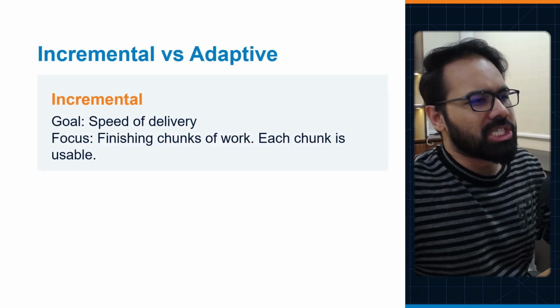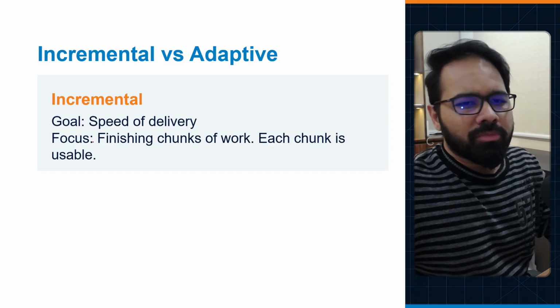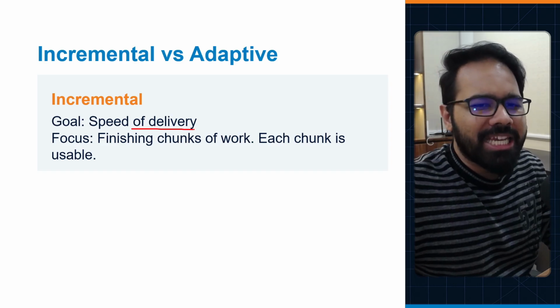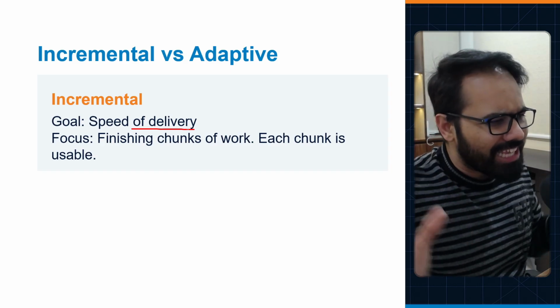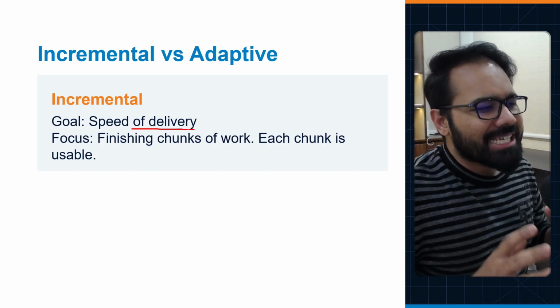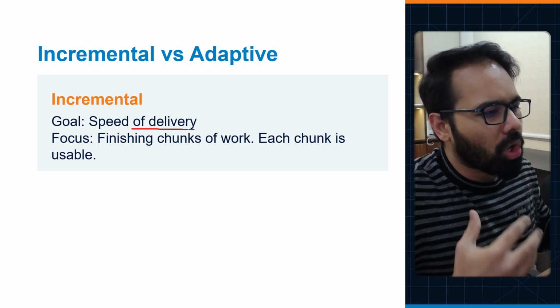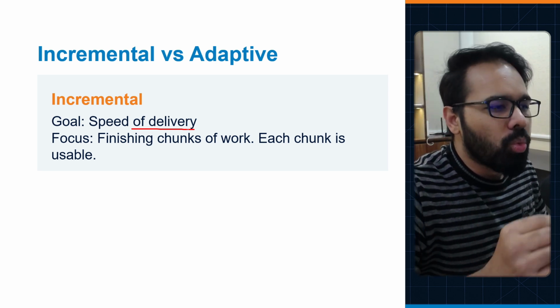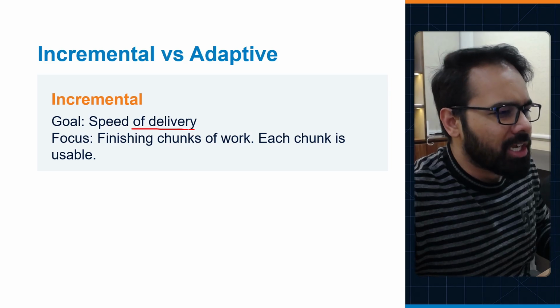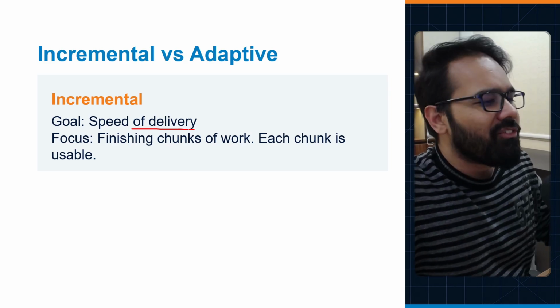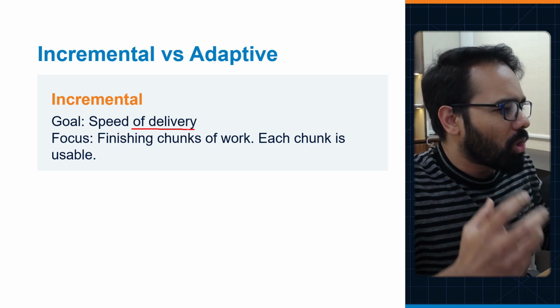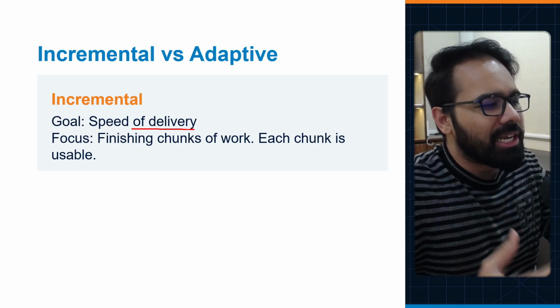Incremental versus adaptive. Now, with incremental, the goal here is speed of delivery. You can think of incremental as a strategy for delivery. You mostly know what you need to build, but you want to get parts of it into the customer's hands faster. You don't want to wait until the very end to deliver anything.